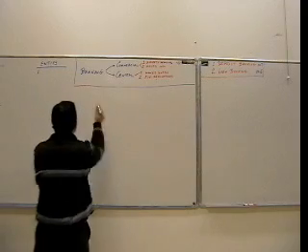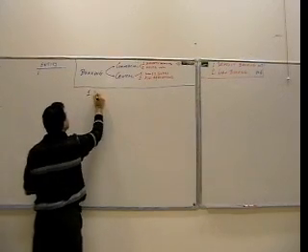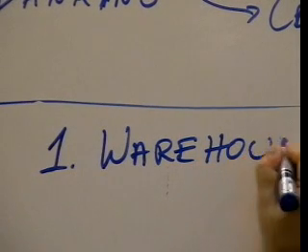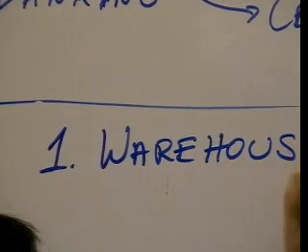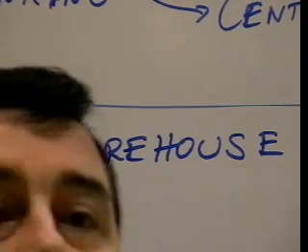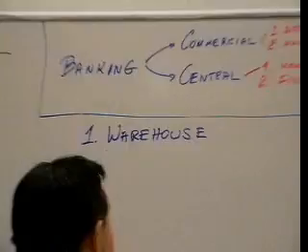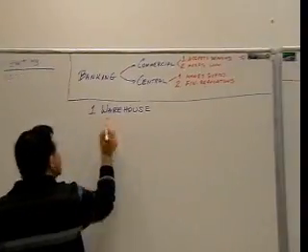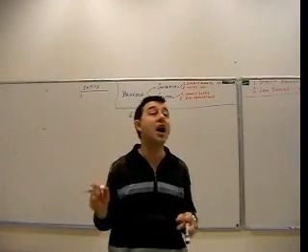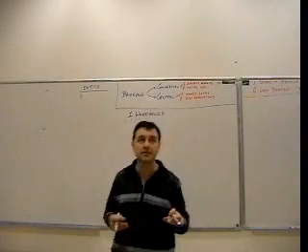So, number one, warehouse or warehousing. Warehousing is the business of running a warehouse. So, what is a warehouse? Guys, give me some of the key characteristics of a warehouse.